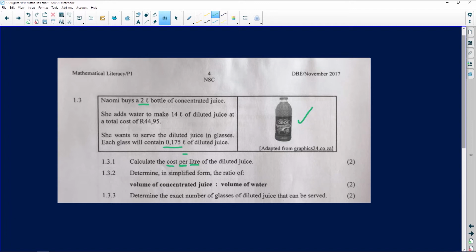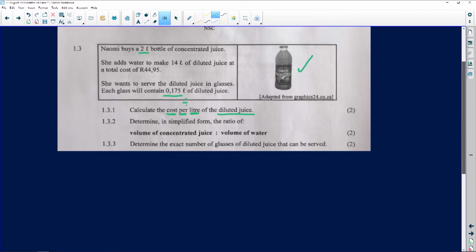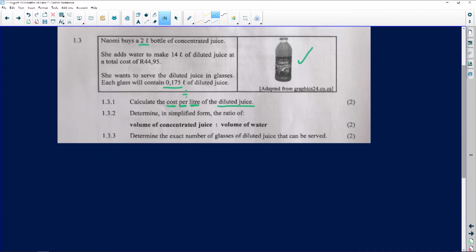This indicates division, and it tells me what the numerator and the denominator should be. So it's the cost all over the liters of the diluted juice. So we are doing it in terms of the diluted juice and not the concentrated juice. This is a very interesting question. It is quite common, actually. I see it quite often.